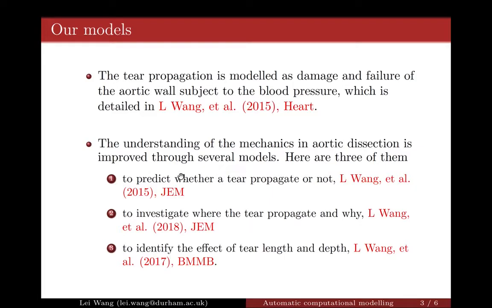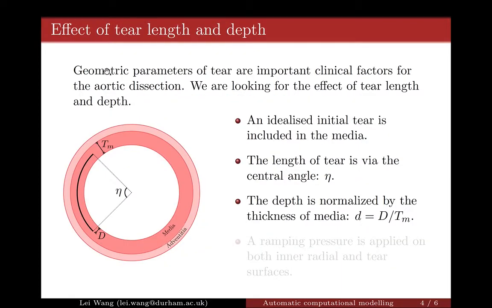Particularly, I have developed models to predict whether the tear propagates or not, to find out the critical condition, and also to investigate where the tear propagates and why. Also, I developed a model to identify the effect of the tear length and depth. Because of time limitation, I can only share the last story.